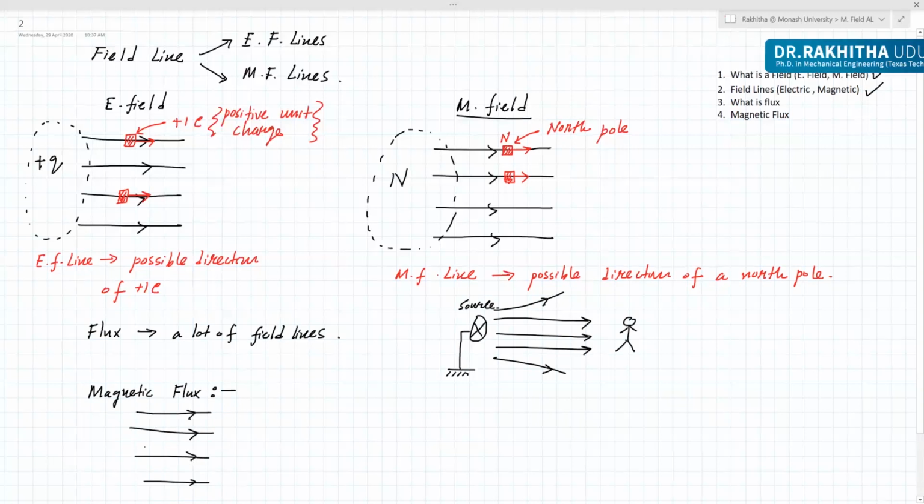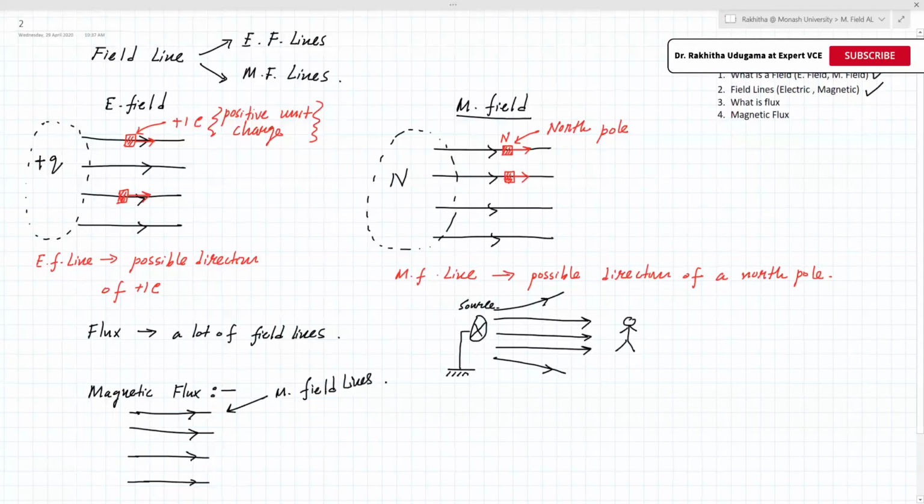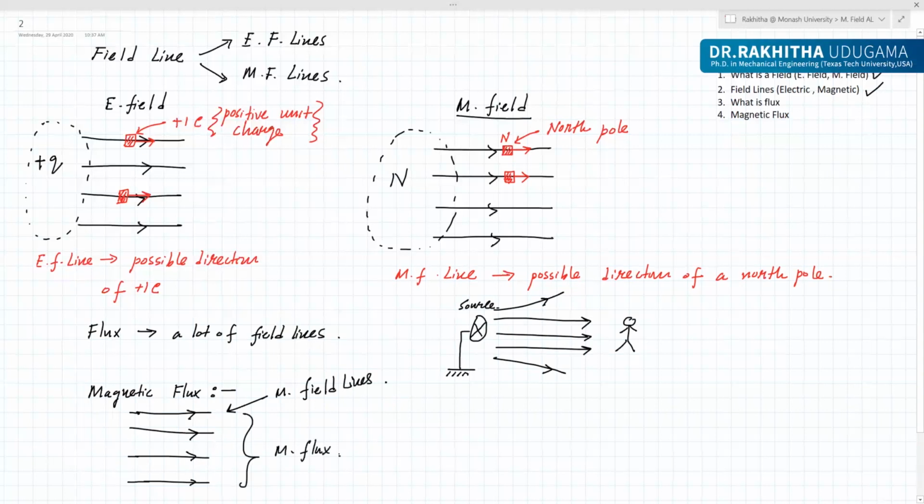Okay, and these are magnetic field lines. And we can say this is your magnetic flux. So my today's goal is over.